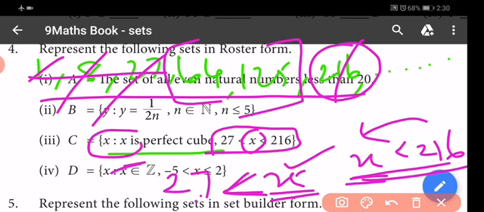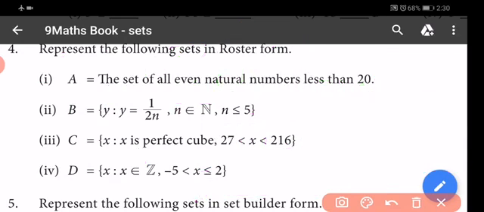So the remaining numbers are only two, 64 comma 125. This is the answer, 64 comma 125.